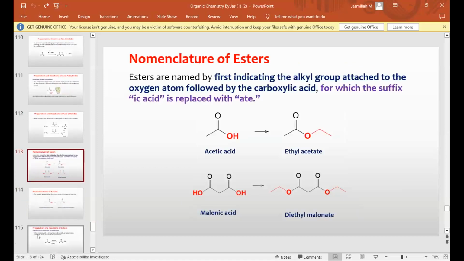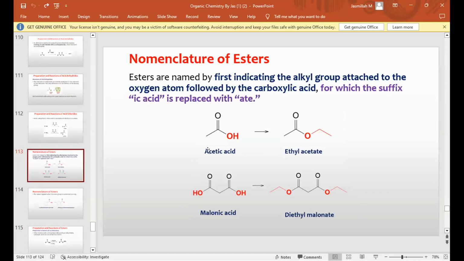Then esters. Esters are named by first indicating the alkyl groups. I think we've done this. Have we done esters? No, we've only done ethers. So esters are named by first indicating the alkyl group attached to the oxygen atom, followed by the carboxylic acid, for which the suffix -ic is replaced by -ate.